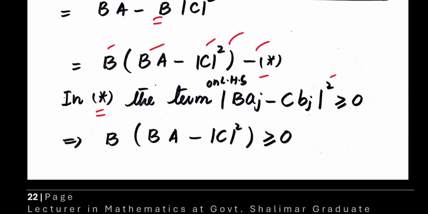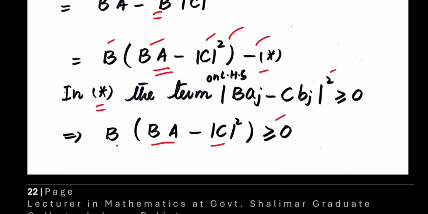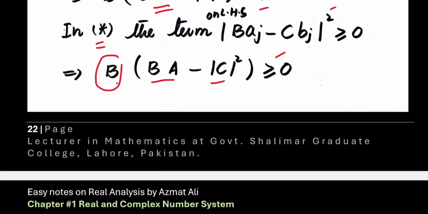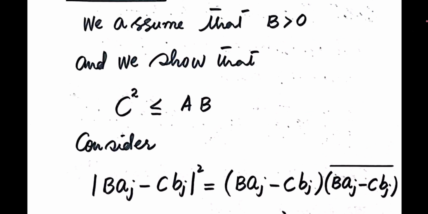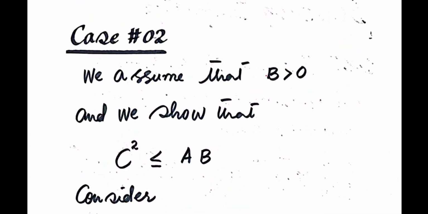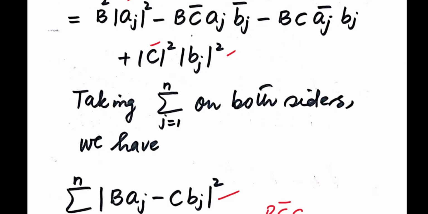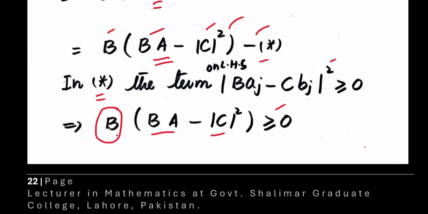Hence, we can say that the right hand side, that is B into A B minus C square, is also greater than or equal to 0. Next, as we have assumed that B is positive, because this is our case number 2, and in case number 2 we started our discussion with the supposition that B is greater than 0. So if B is greater than 0, and this is the product of two terms which is non-negative.